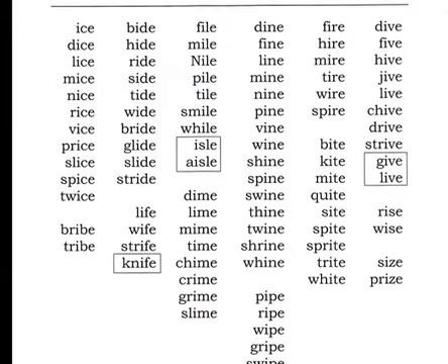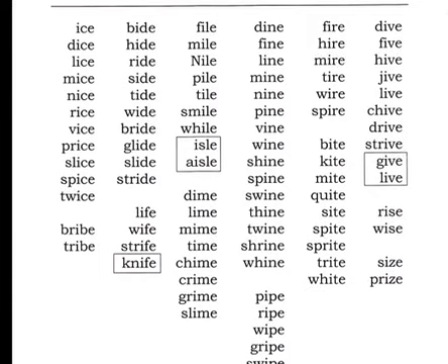Now, long I is also spelled I consonant E, as in ice, dice, rice, or hide, side, or smile, or mine, pine, swine, or stripe, or hire, or quite, or dive, or five, jive, wise, etc. Now there are some exceptions.